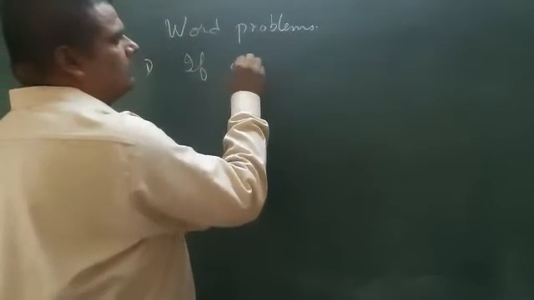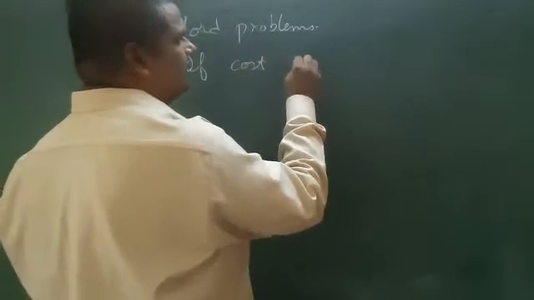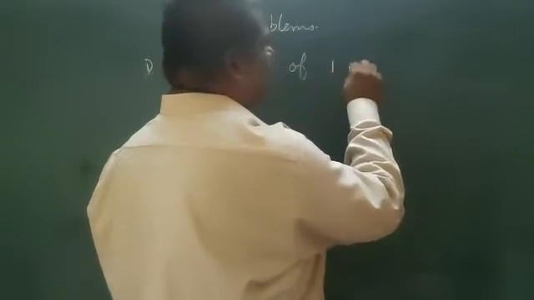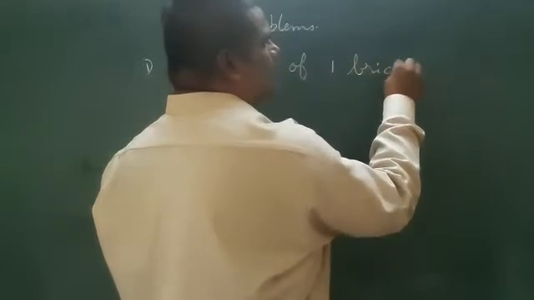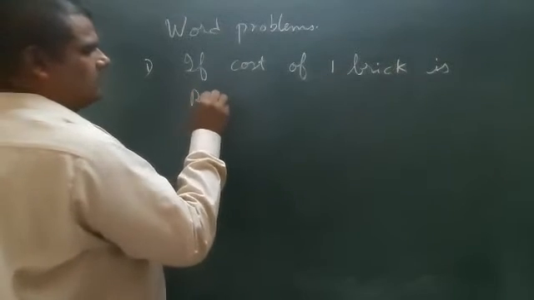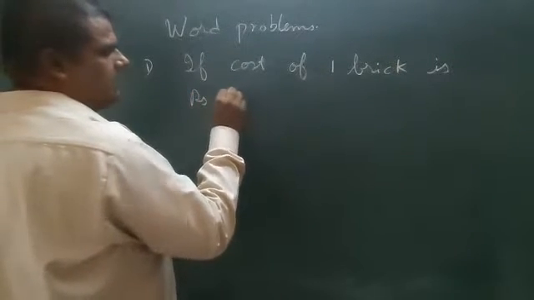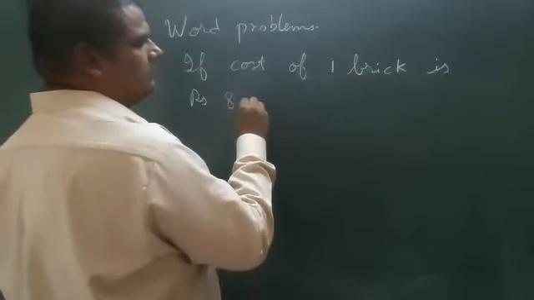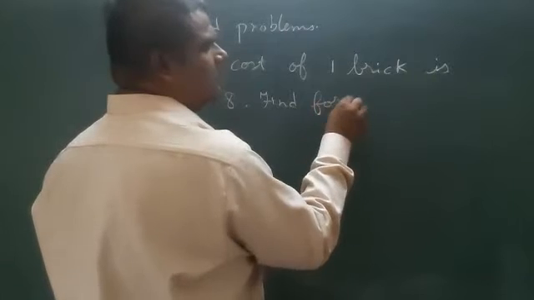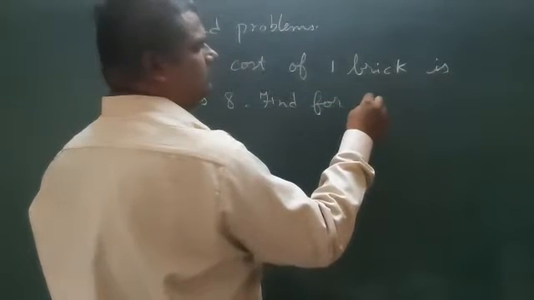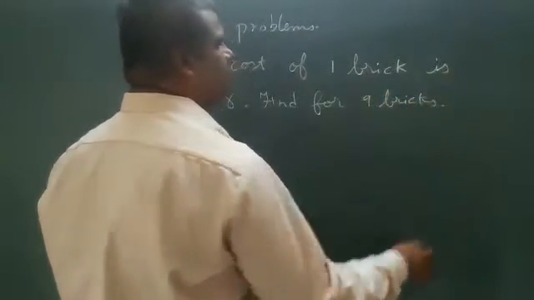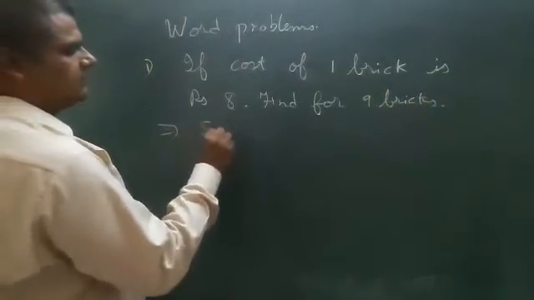If the cost of one brick is rupees 8, find for 9 bricks. Find for 9 bricks. So the answer is the solution.